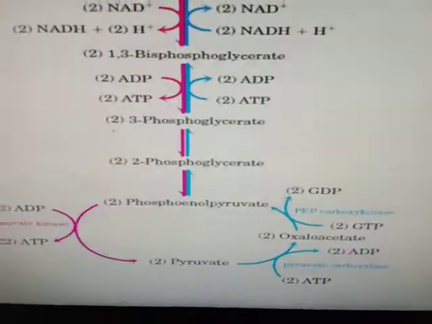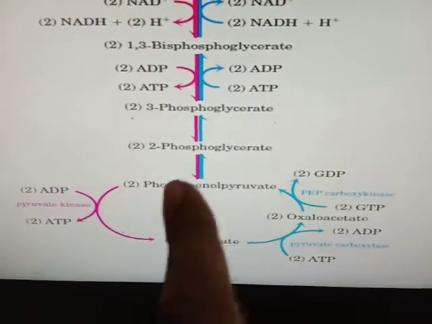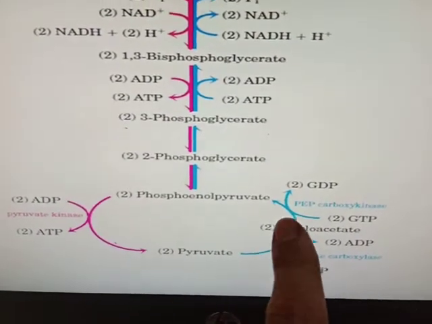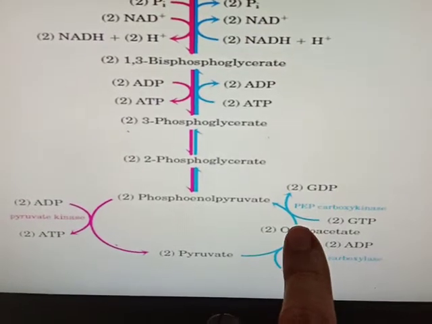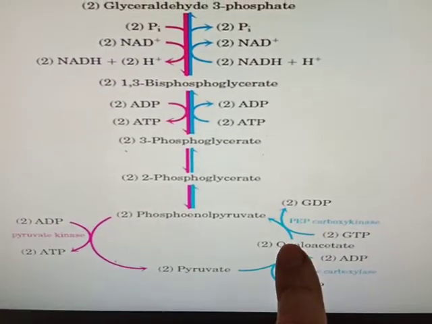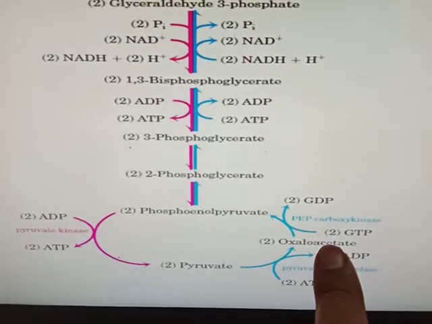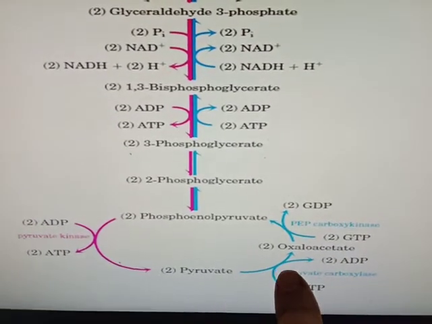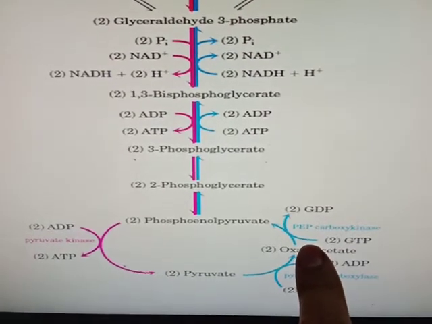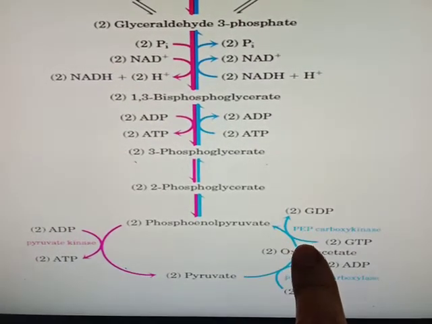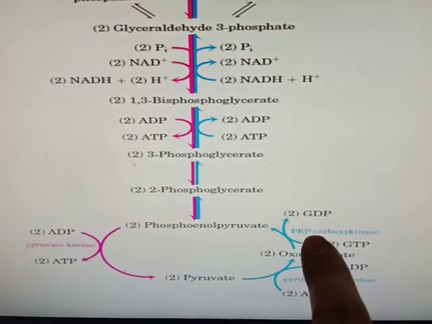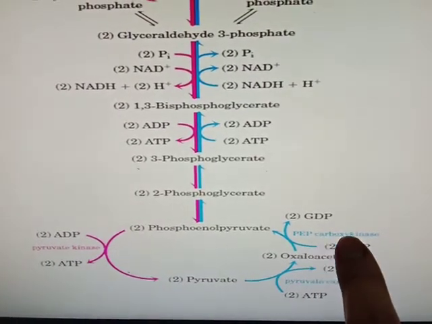Now here see pyruvate. Pyruvate with the help of ATP is converted to oxaloacetate. Then oxaloacetate is converted to malate, and this is transported into cytosol. In cytosol again, that malate is converted into oxaloacetate. Then that oxaloacetate is converted into phosphoenol pyruvate by the enzyme phosphoenol pyruvate carboxykinase.